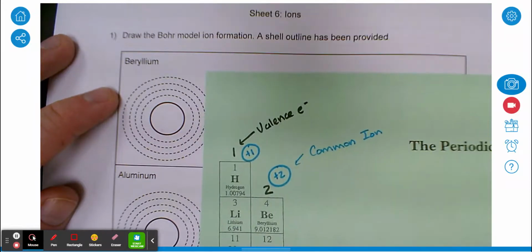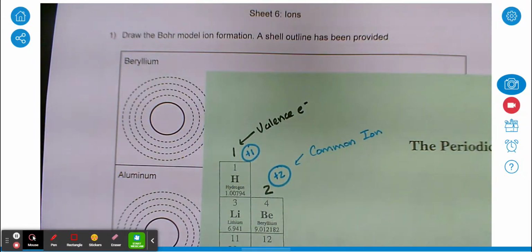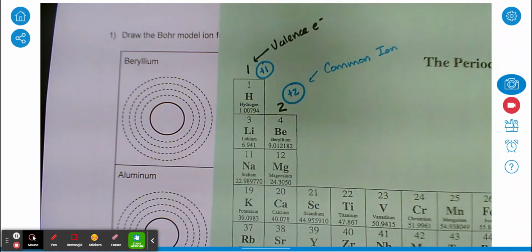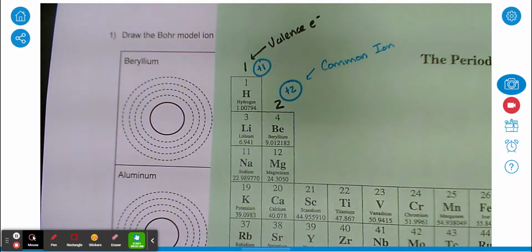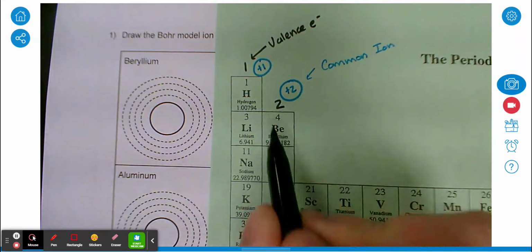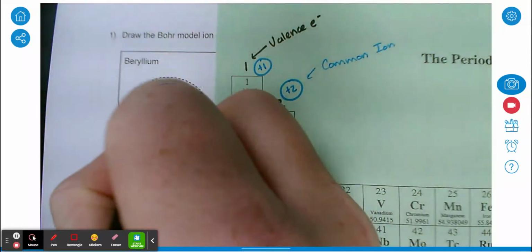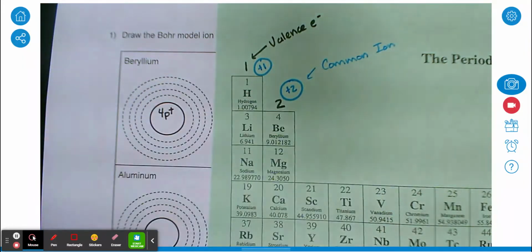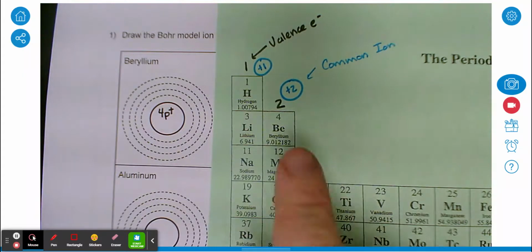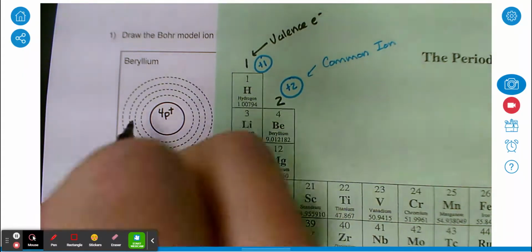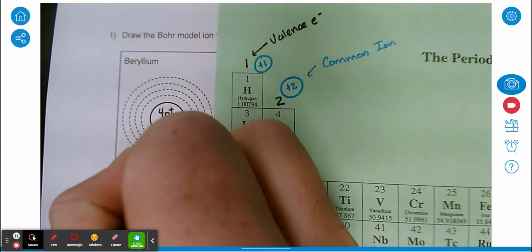So you have been tasked with drawing the Bohr model ion formation, and I've given you a shell outline. Now, beryllium is element 4, so it has 4 protons. It has an atomic mass of 9, which means it has 5 neutrons.